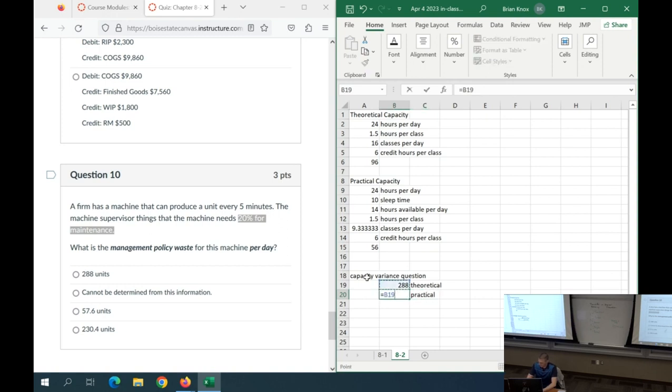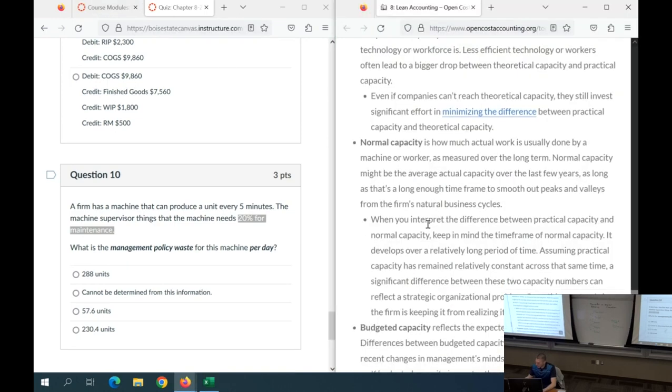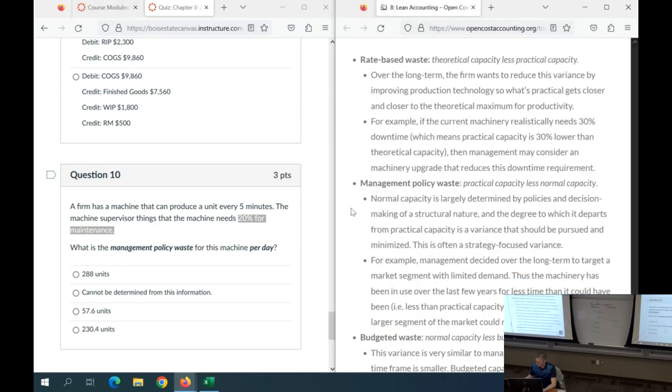Practical capacity is that with 20% downtime, so that times 0.8. And the difference between those two is 57.6. So that's going to be a waste. But the question is, is it management policy waste? It's not management policy waste, which is what the question here is asking for.